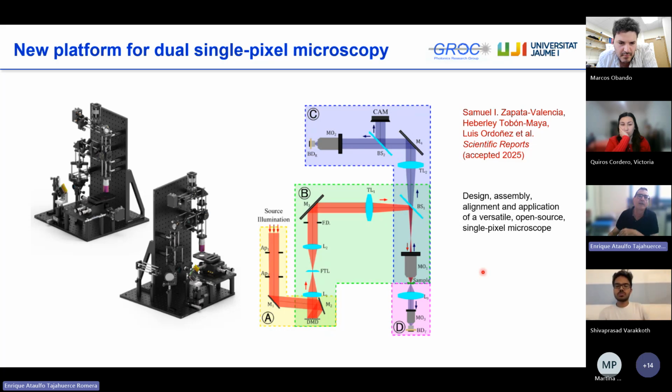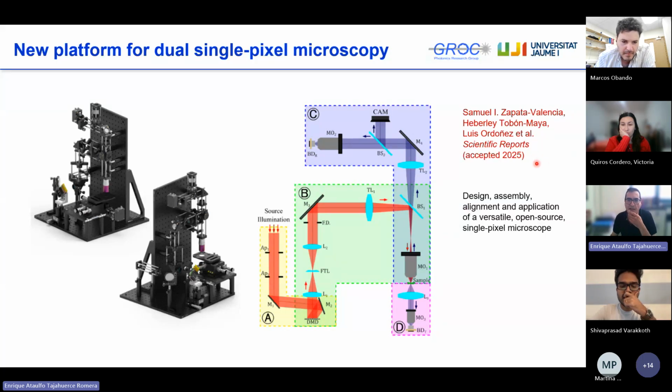I will finish saying that we have built in our lab a new platform for single pixel microscope that has been finished recently. In fact, we are going to publish a tutorial explaining how to align the illumination port, the projection setup, the transmission and the reflection setup of the microscope, that will be published in Scientific Reports.